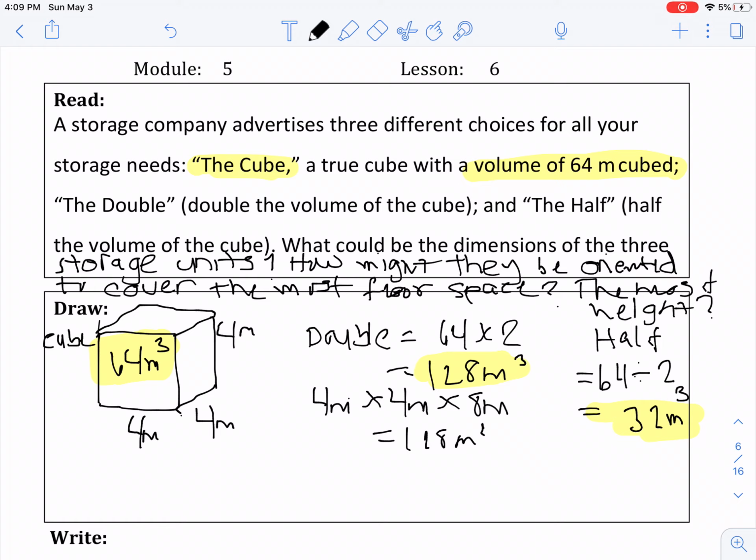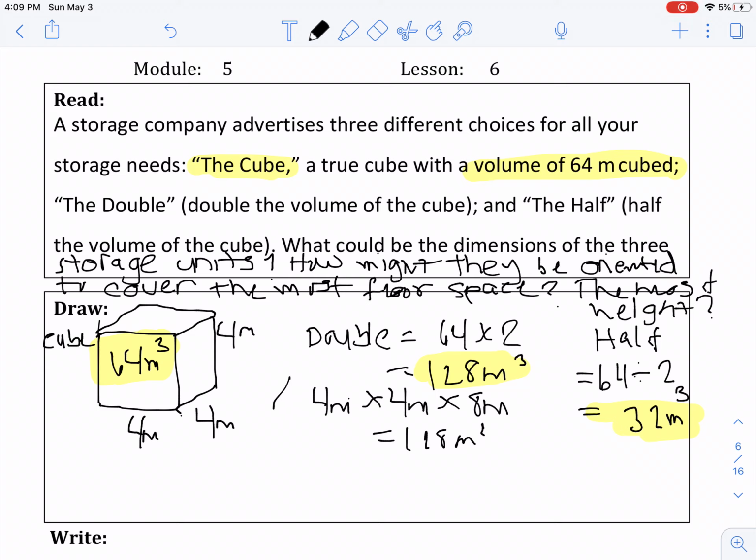So that would be the most height, right? The most height. The most floor space means that you would lay another cube next to that one. Which you could get 8 meters times 16 meters, okay? But this is just asking what could the dimensions be.